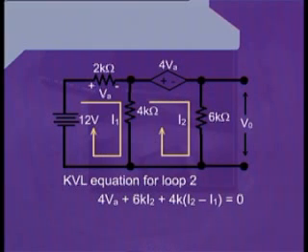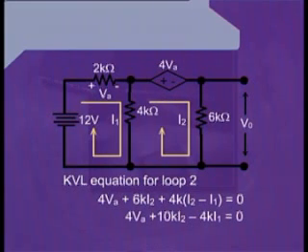Since that boundary branch has a 4 kilo ohm resistance, we can write 4K into I2 minus I1 equals 0, as we have closed this loop path. Now simplifying this equation, we can write 4VA plus 10K I2 minus 4K I1 equals 0.